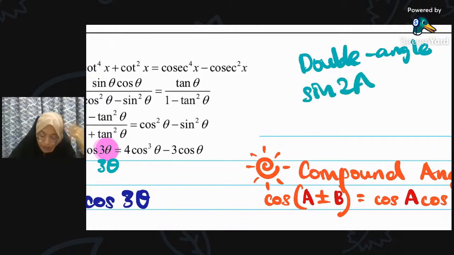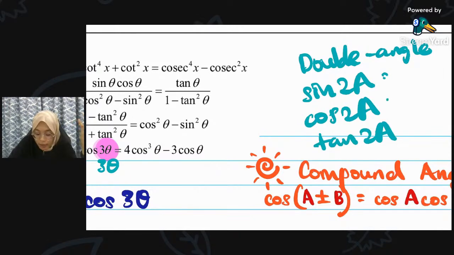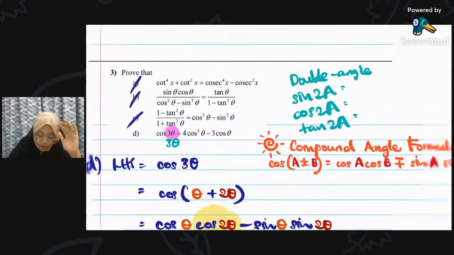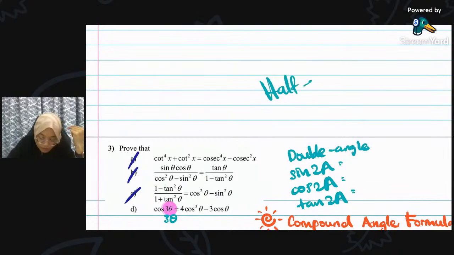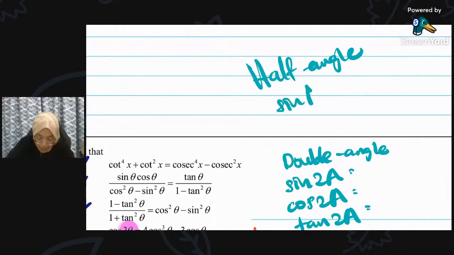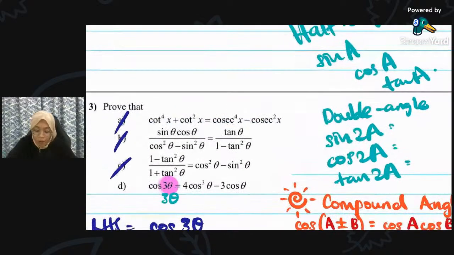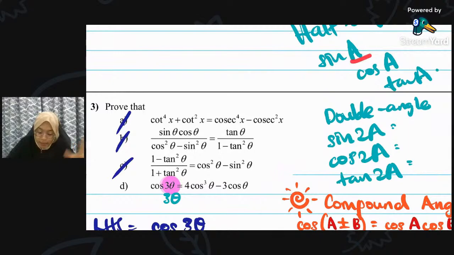You have sin 2A, cos 2A, and then tan 2A. Basically the formulas I gave you are all sin 2A, cos 2A, tan 2A, or the half angle formulas, sin A, cos A, tan A. I give them all in single A or double A. All those formulas are basic.